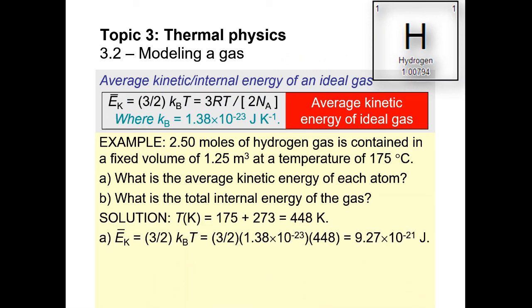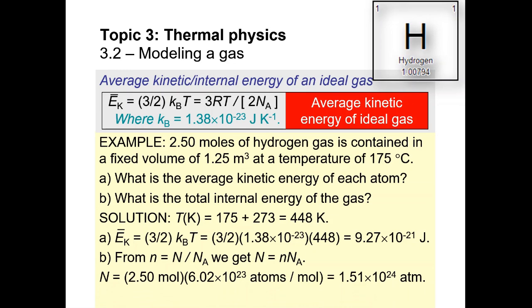From mole number equals N over N_A, the total number of gas molecules equals mole number times Avogadro constant. So the total number of hydrogen gas molecules is 2.5 times the Avogadro constant, 6.02 times 10 to the 23. That gives us 1.51 times 10 to the 24.